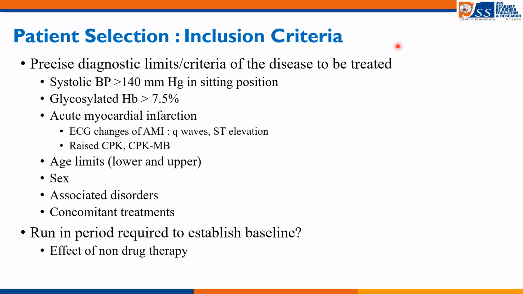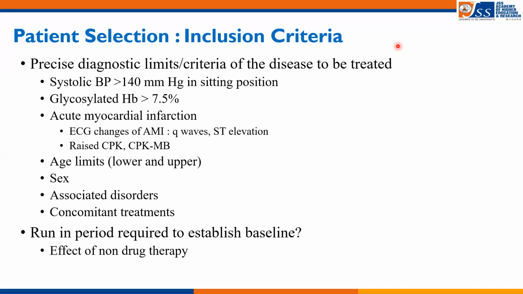If the drug is for treating hypertension, then who should be enrolled into the study? For example, the person should have a systolic blood pressure of more than 100 mm of mercury in the sitting position. The person should have glycosylated hemoglobin of more than 7.5%. So they have to be very clear about what your requirement is.